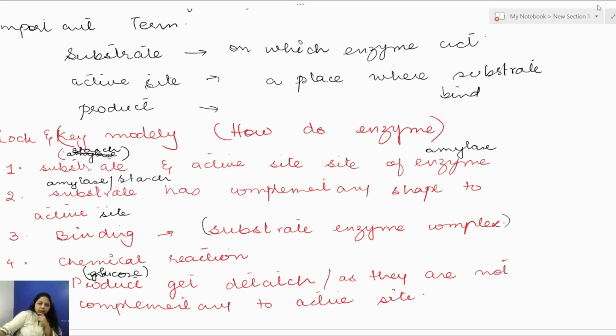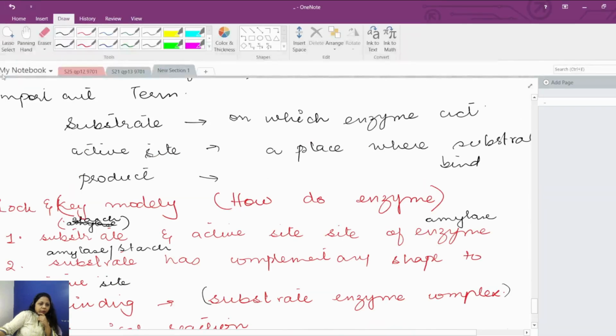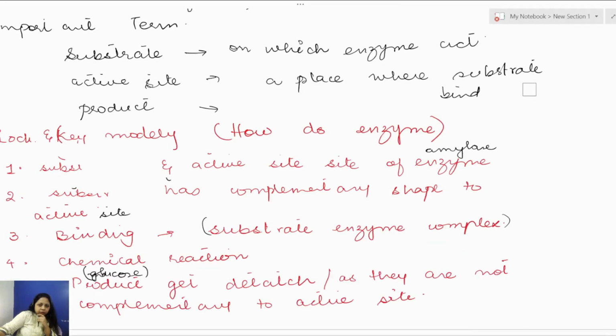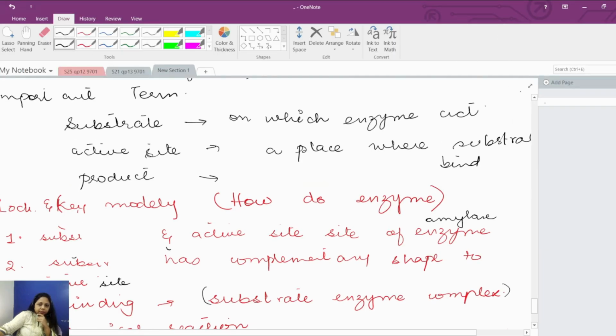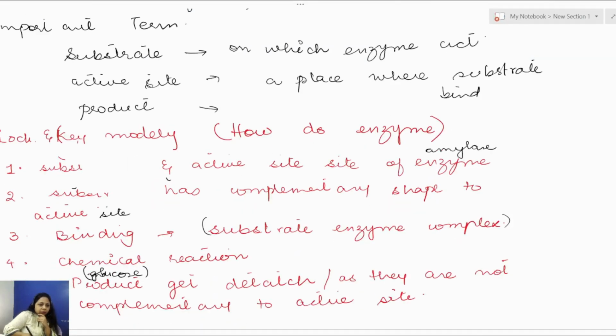Wait, that is for the complex one. Let me rewrite it for you. So substrate is basically starch, right? And enzyme is amylase.